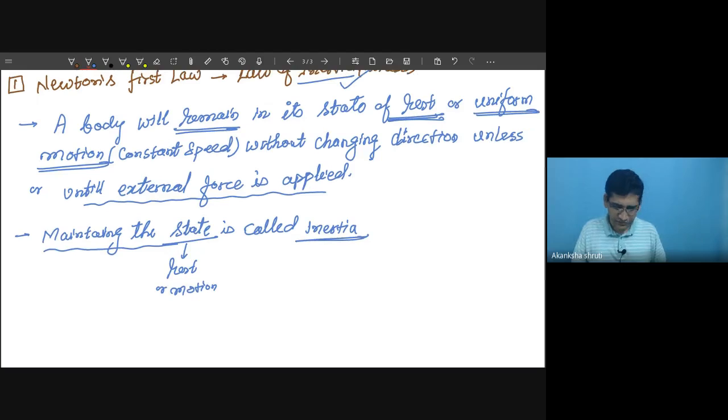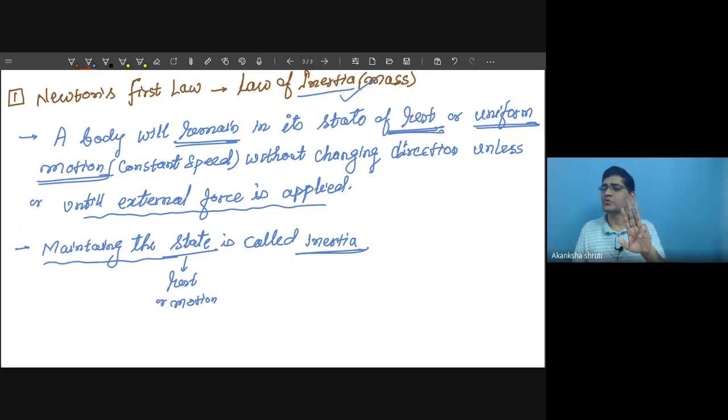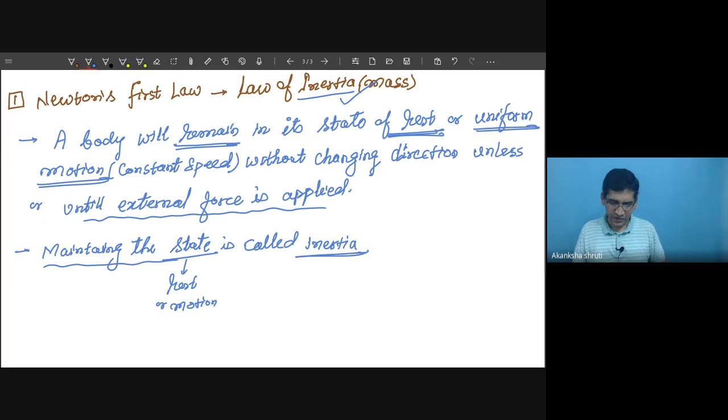So this way, Newton's first law gives two important things. Rather not two, but better to say three. What is that? If the body is at rest, it will try to remain at rest. It is called inertia of rest.